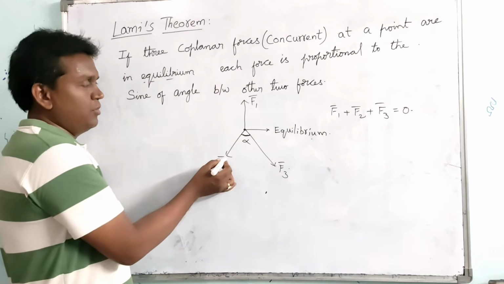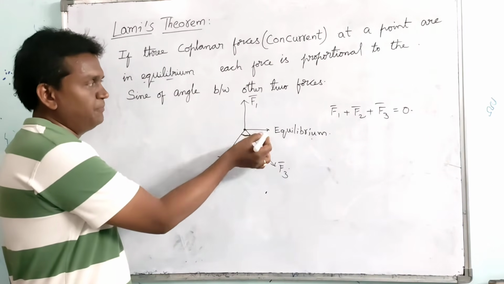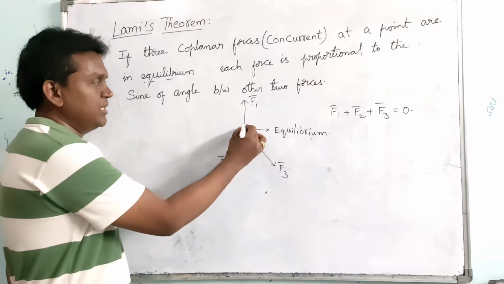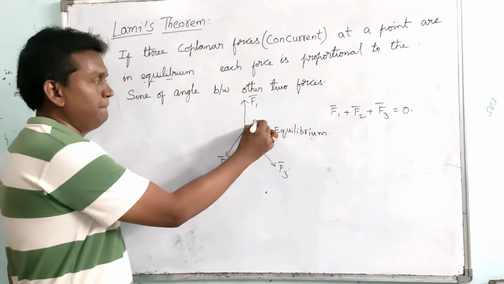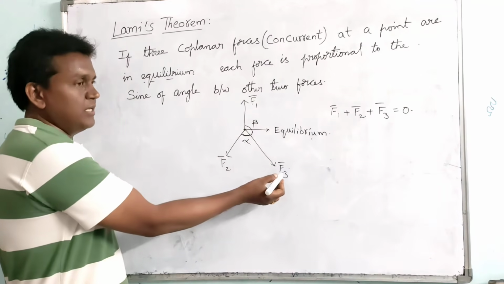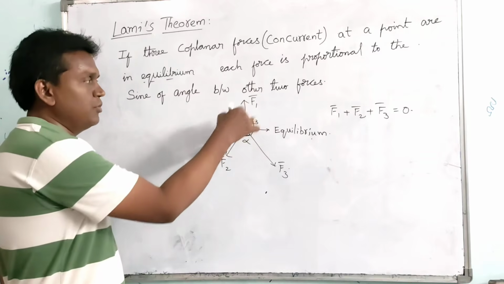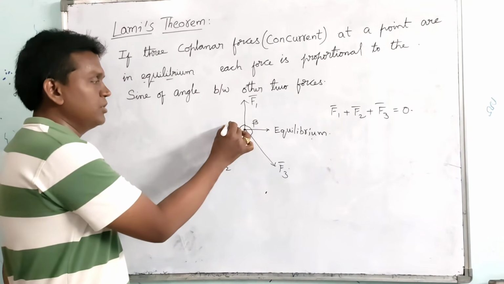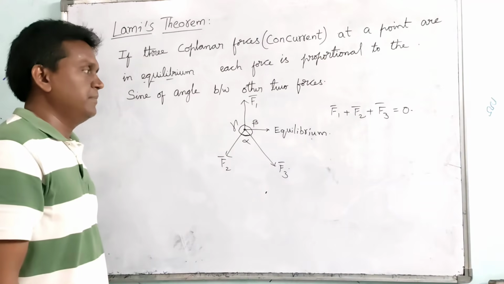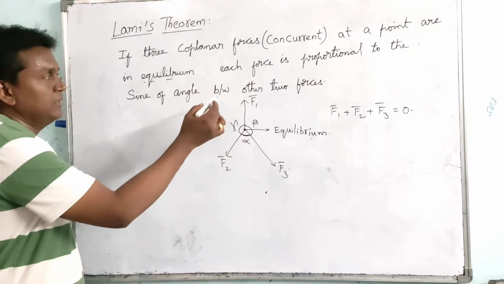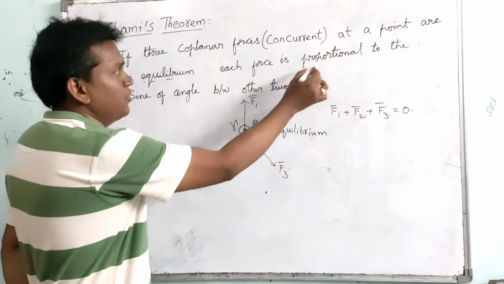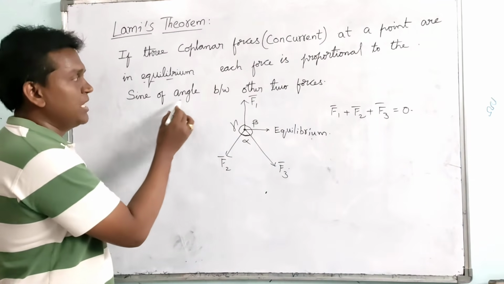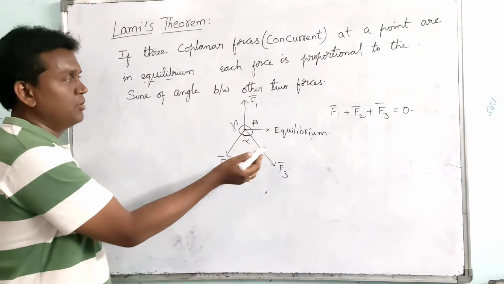Coming to the force F2, the other two forces are F1 and F3, and the angle between them is beta. For the force F3, the other two forces are F1 and F2, and the angle between them is gamma.